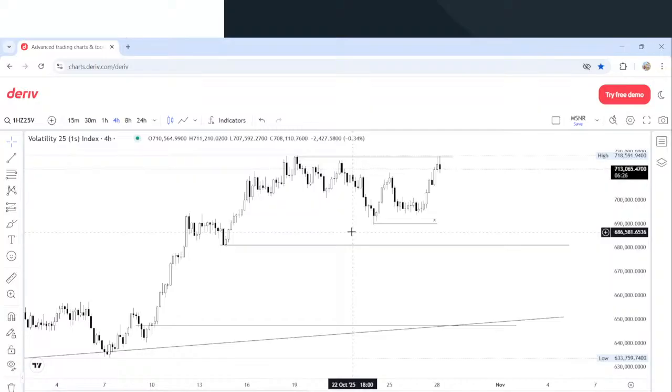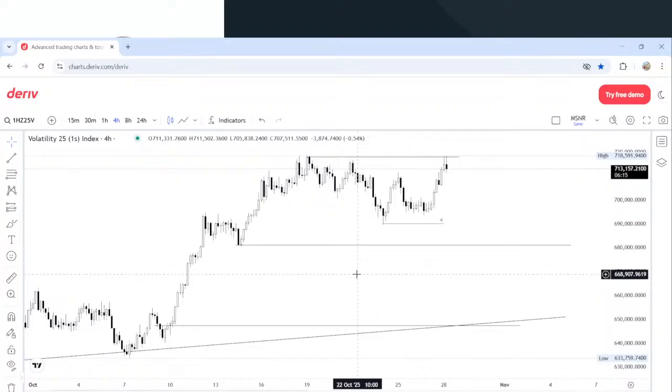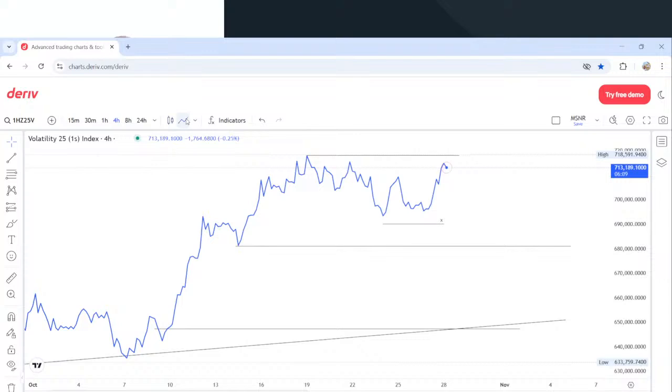So you see me changing because I'm refining for my strategy. I'm just checking certain things if the market really. Yeah, so when you look at it, there it is.